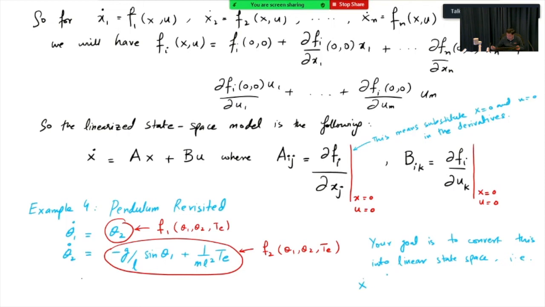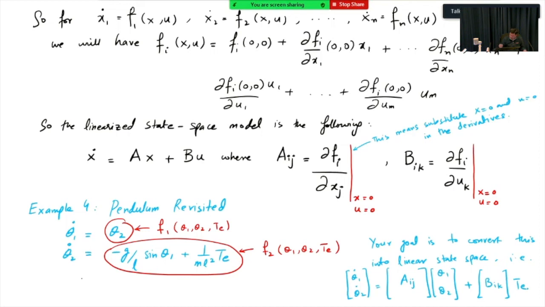Which means that you have to write down a form which says theta 1 dot, theta 2 dot equals some matrix Aij times theta 1, theta 2, plus some Bik here, and there is a Te sitting here. So how do we find the Aij and Bik?